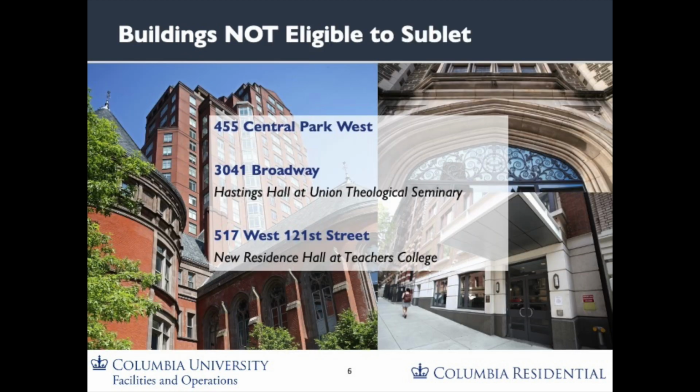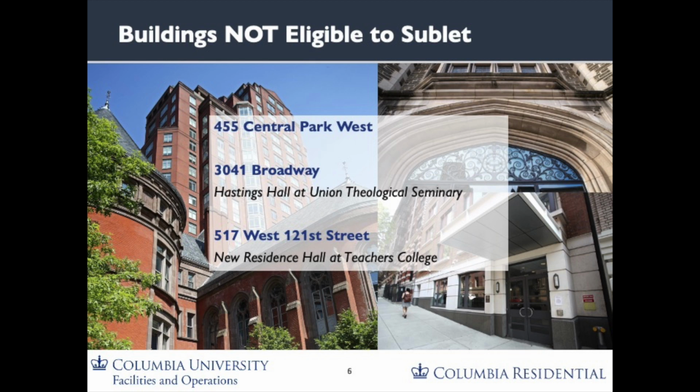So now I'm going to talk a little bit about eligibility, and I'm going to start out by first addressing the 3 buildings that we have in our portfolio that are not eligible to sublet. So they are listed here. It's 455 Central Park West, 3041 Broadway, and 517 West 121st.